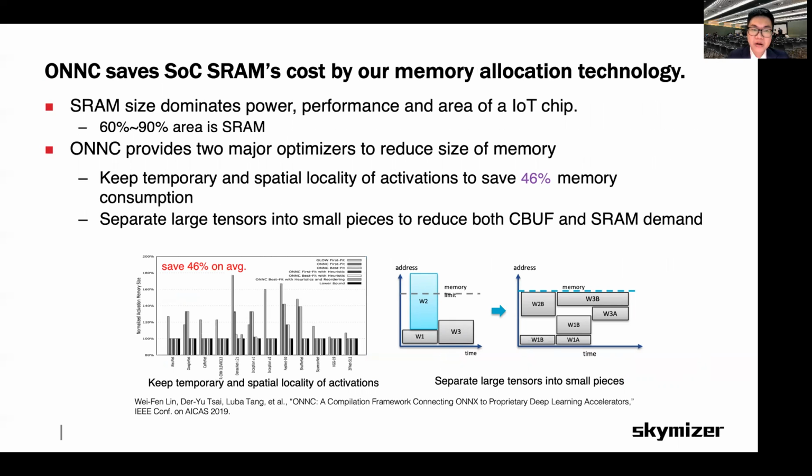ONC also saves the SoC's SRAM, which is a very important part, especially for IoT devices, because most IoT devices only have like 500 or even 128 kilobytes of SRAM. Because we are a compiler, especially an architecture-aware compiler, we could fully utilize the communication between components, and we can use a layer splitting algorithm to optimize the memory usage.